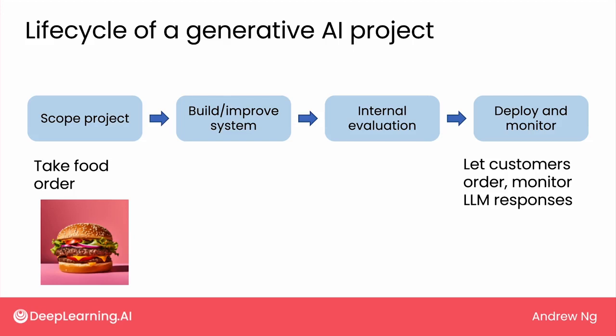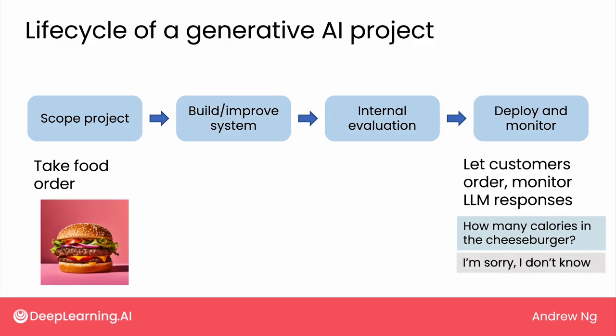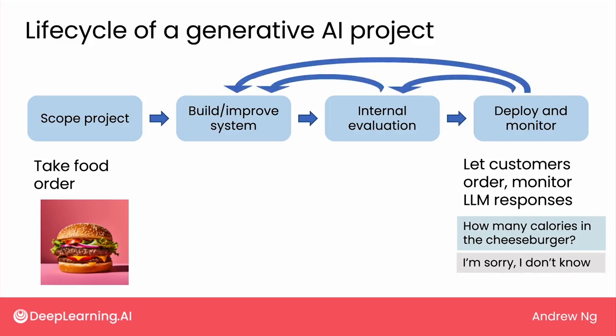Having built a number of generative AI projects, I've often been surprised and delighted by the strange and wonderful things that users will try to do with your system. For example, if a user asks, how many calories are there in your burger? Initially, the system may not know, but if you discover this, you can then update the system using perhaps a technique called RAG that I mentioned just now, and will go into depth later this week, to allow your software application to give a correct answer.